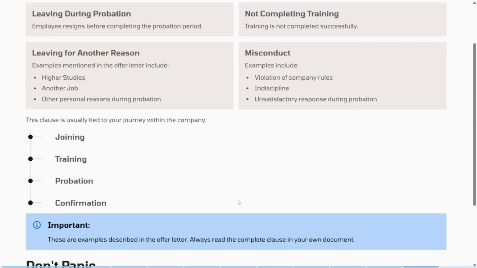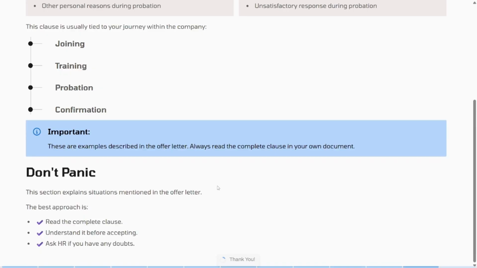That's the way you will understand exactly what applies to your own offer letter. So, before taking any decision, read the complete document carefully.